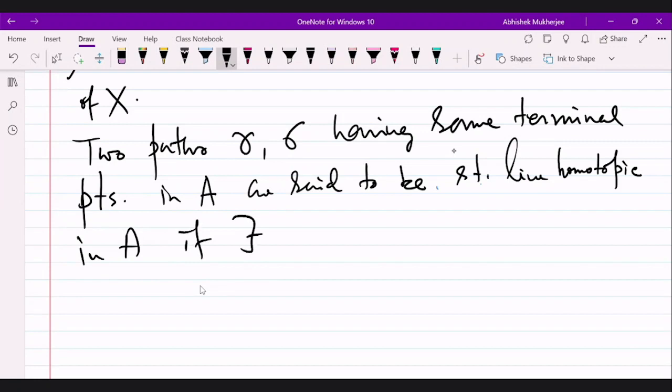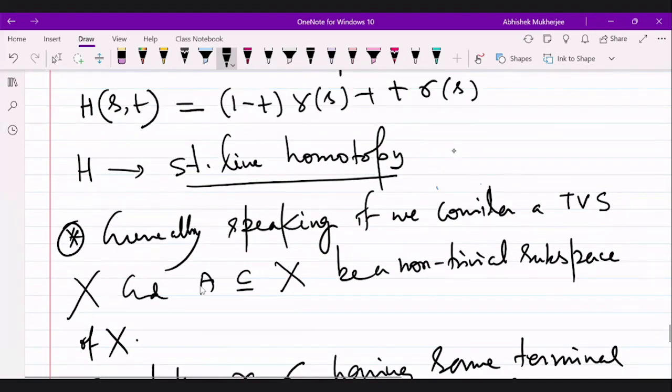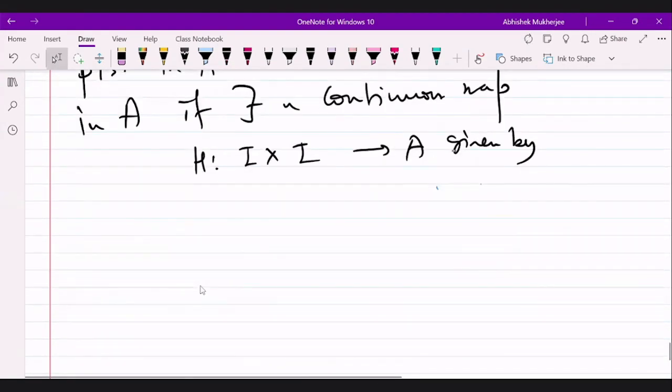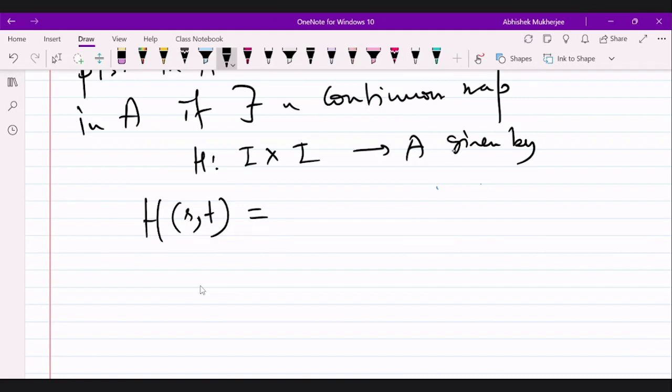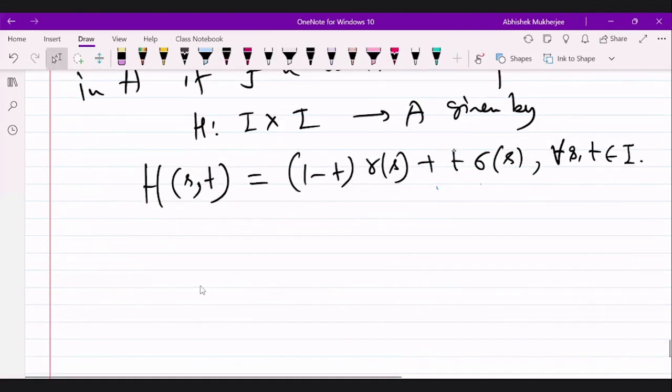In A, if there exists a continuous map H from I cross I to A, and we are adopting the same kind of map here, so H(S,T) is in the line segment connecting the points gamma S and sigma S, for all S, T belonging to I. We denote it using this notation; whenever we are talking about straight line homotopy, we put an L here.